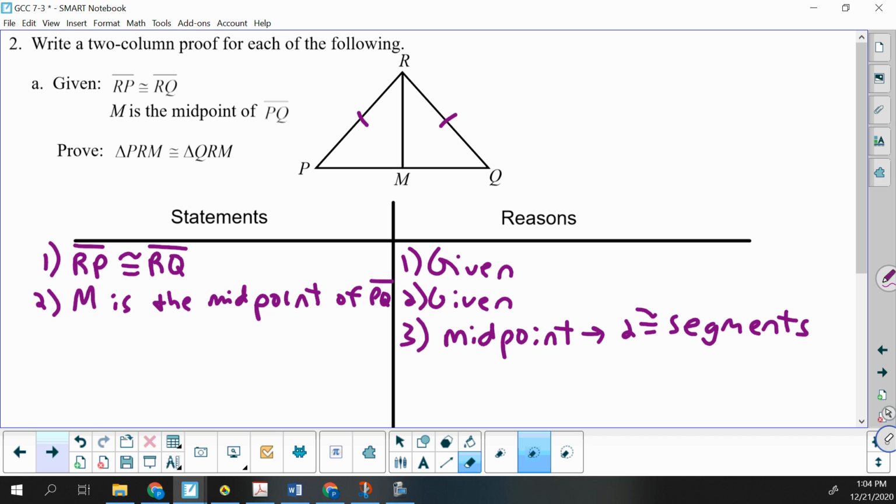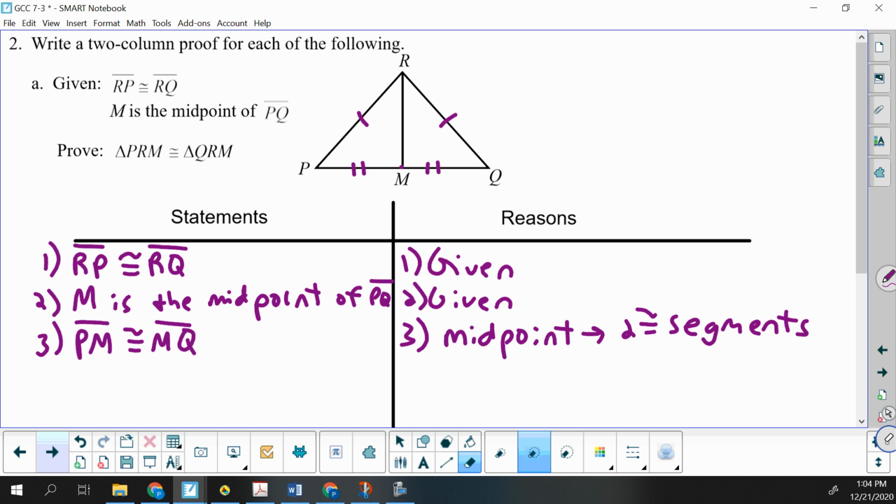We've got to say which are the two congruent segments. If M is the midpoint of PQ, that would mean that PM is congruent to MQ. We've stated it in our proof, so let's mark it in our picture now.